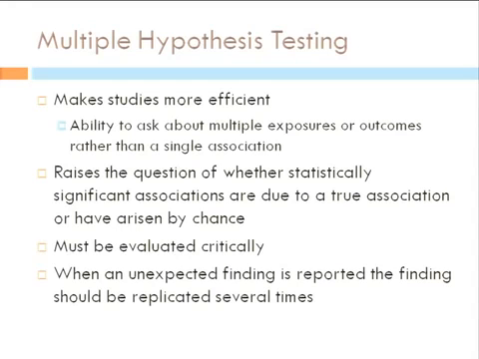So the question that it basically raises is, is this a true association or is it something just due to chance? If I asked enough questions, I'm likely to see an association with anything, basically, right?